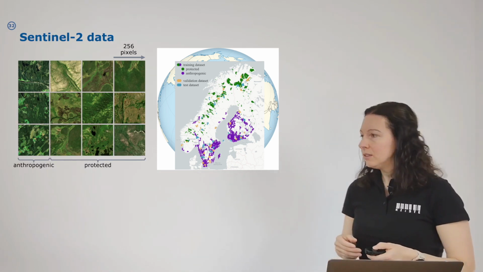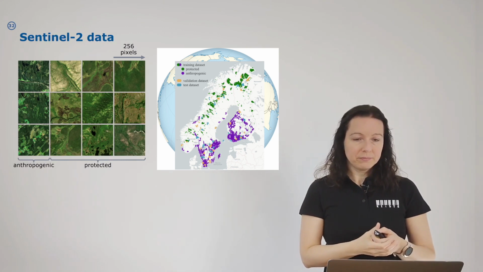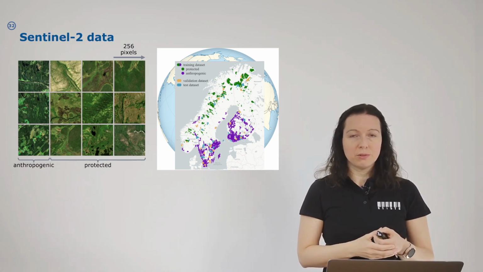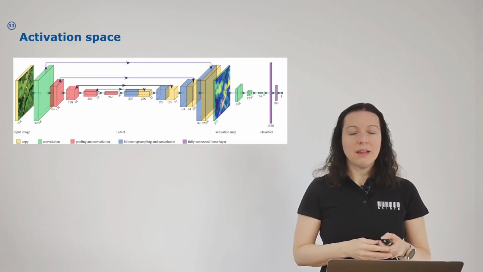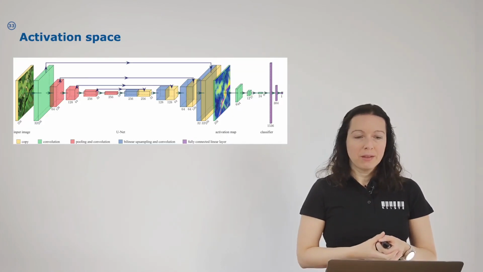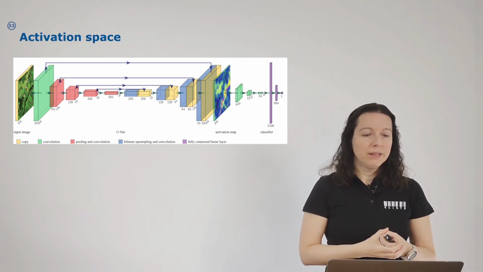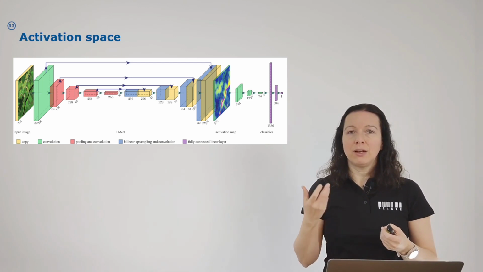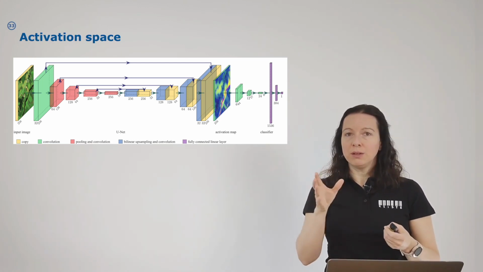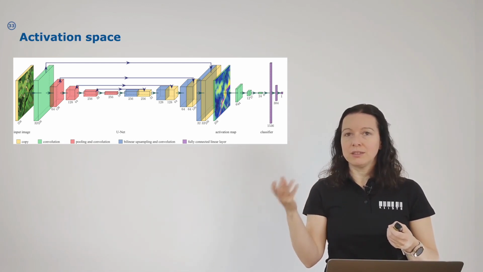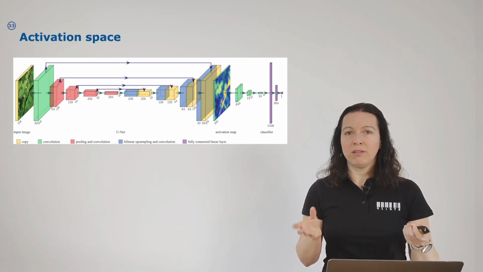And we collected images from whole Fennoscandia for this, so a lot of these images, and then we designed a network. So illustrated here is the network to actually derive a wilderness score. I already showed the network in one of the last lectures, but I want to briefly repeat it.